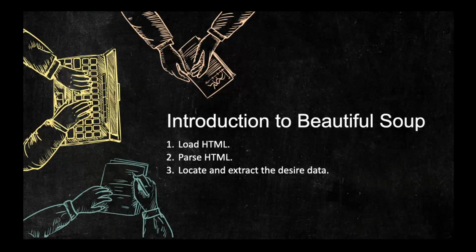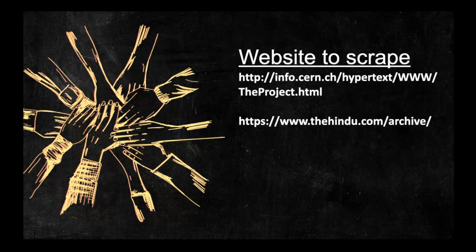So my host Shagun covered most of the basic part in the previous seminar, but I'm going to give a quick recap of it so that those who have not seen it don't find it hard to catch up. So today the websites that we're going to scrape are CERN's first web page, the first web page that was ever made.